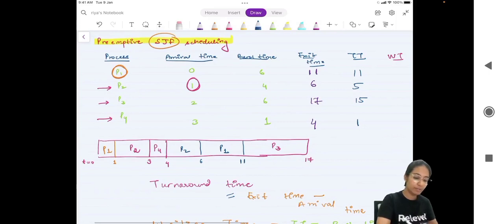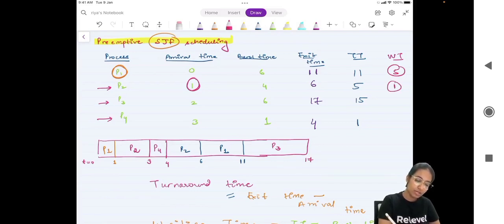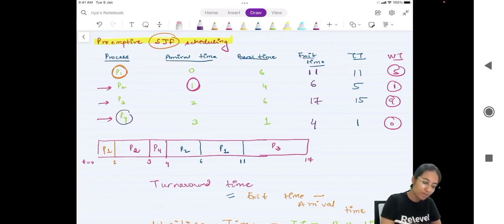So waiting time will be turnaround time minus the burst time. 11 minus 6 is 5, 5 minus 4 is 1, and 15 minus 6 is 9, and 1 minus 1 is 0, which is true as well. You can see process P4 arrived in the system at 3 and it got executed at 3 only. So the waiting time is 0.